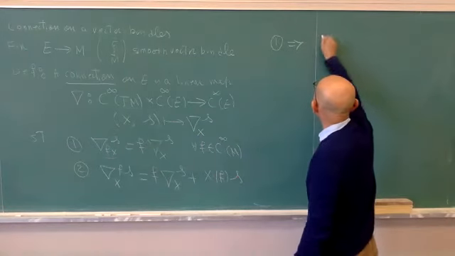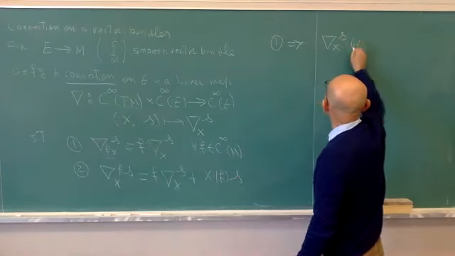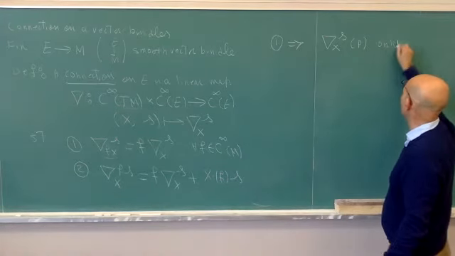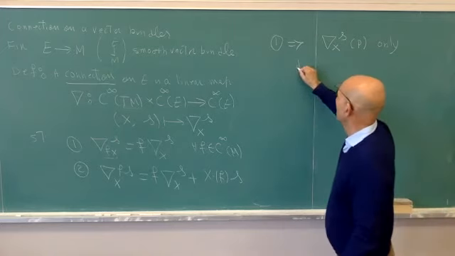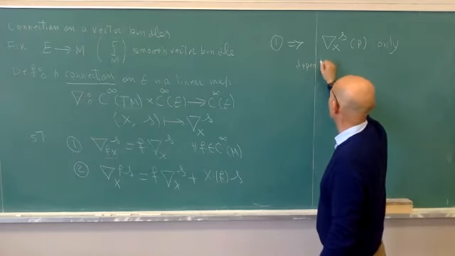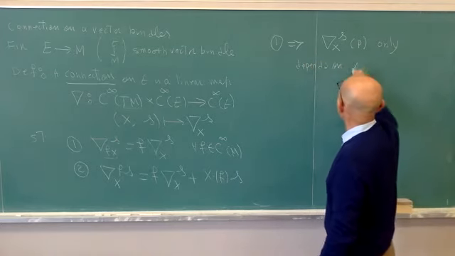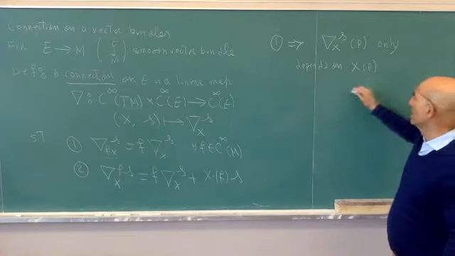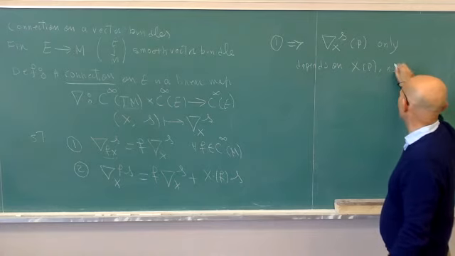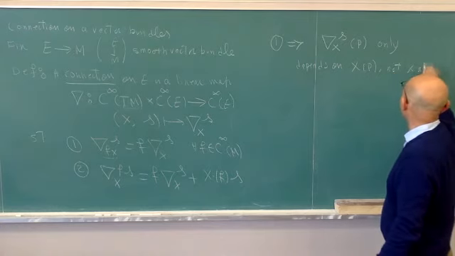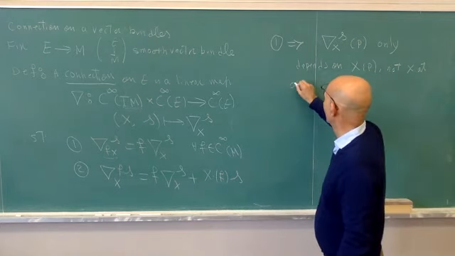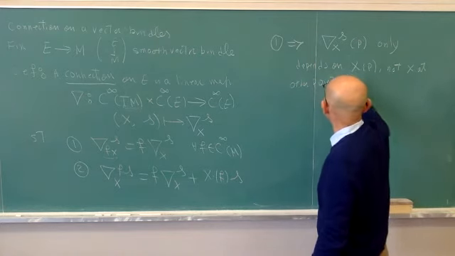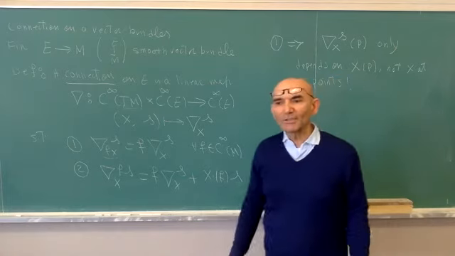The value of this guy at P only depends on X at P. So in other words, the value of X at P, not X at other points. So this is quite interesting, right?